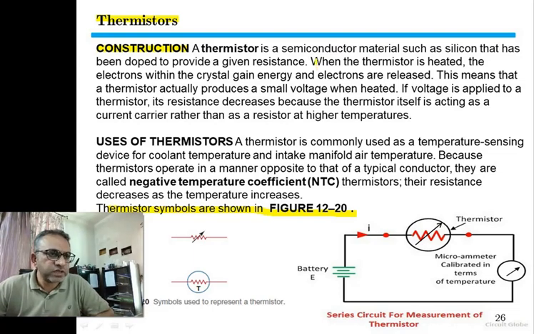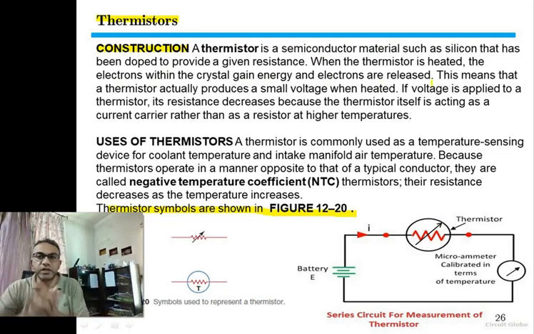When the thermistor is heated, electrons within the crystal gain energy and electrons are released. So when we heat the thermistor, the resistance of the thermistor will decrease.